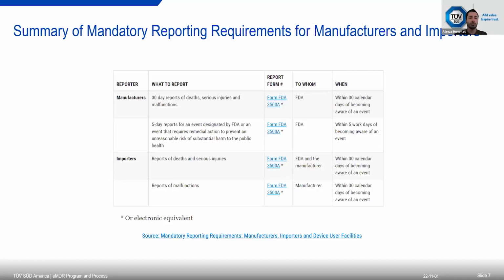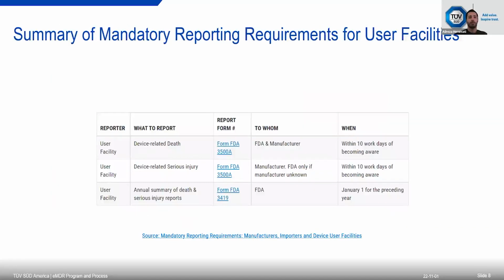Importers also have 30 calendar days to report events, depending on what it is, to either FDA and the manufacturer, or the manufacturer alone.